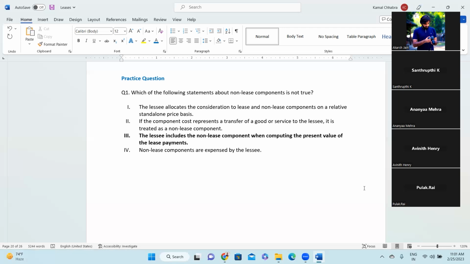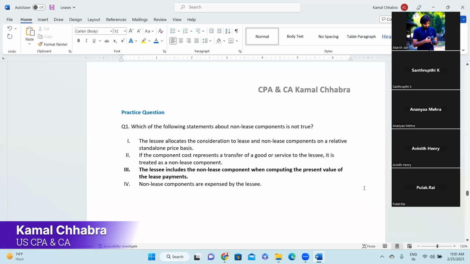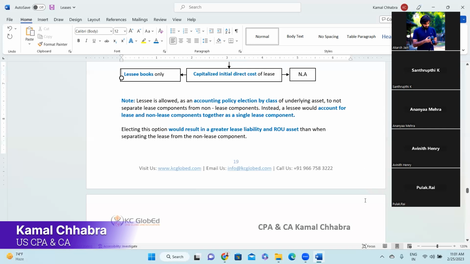Third, the lessee includes the non-lease component when computing the present value of lease payments. So here, remember this last point, this note over here. Lessee is allowed as an accounting policy election by class of underlying asset to not separate the lease component from the non-lease component.